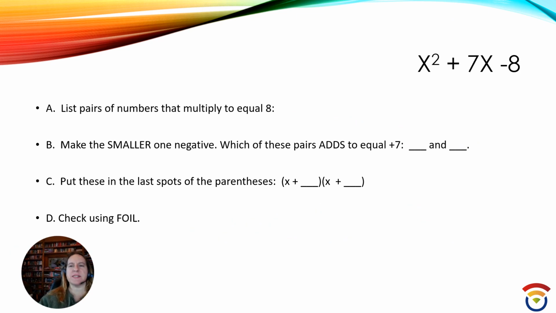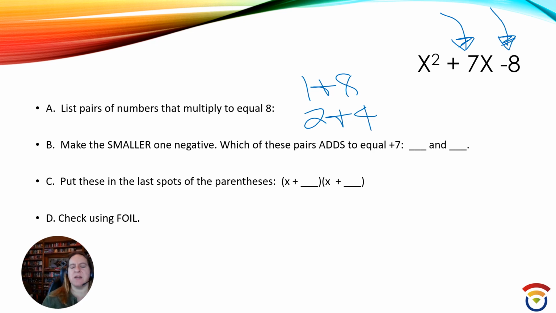Let's look at one last example: x squared plus 7x minus 8. I'm looking for numbers that multiply to equal 8. So 1 and 8, 2 and 4. Now my middle term is positive, but my last term is negative.